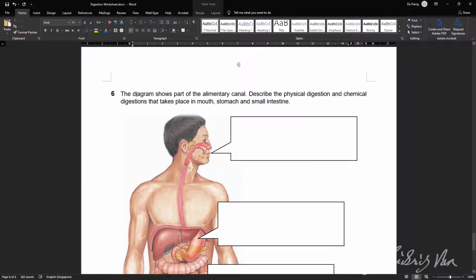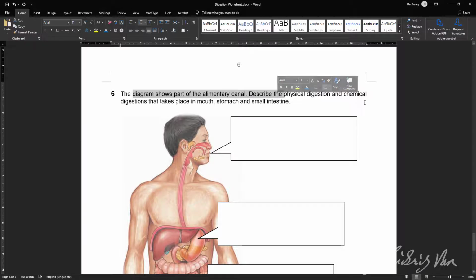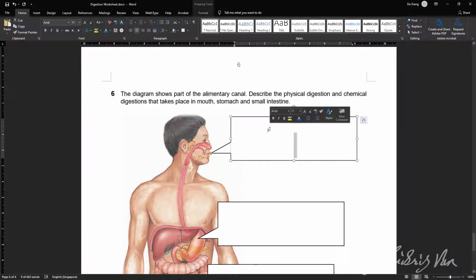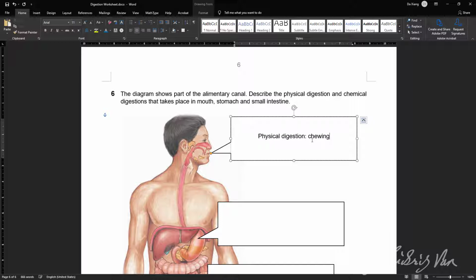Finally, the diagram shows the alimentary canal. Describe the physical digestion and chemical digestion that takes place in the mouth, stomach and small intestine. So inside the mouth, physical digestion, that's chewing.